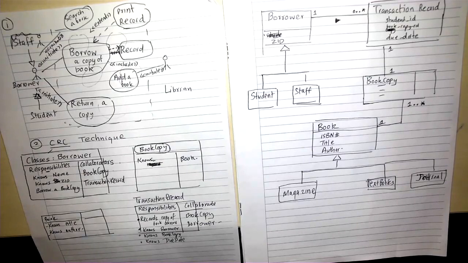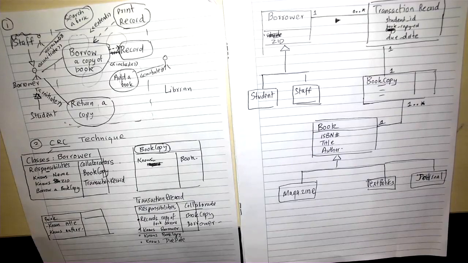Okay? Once you've done the classes, responsibilities, and collaborations, at the moment when you're doing the CRC, you know that you've done the collaborations, but you still do not know if that collaboration is just a mere association, an aggregation, or a composition.